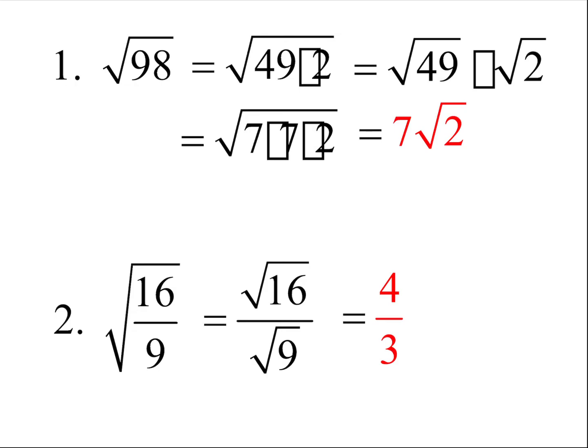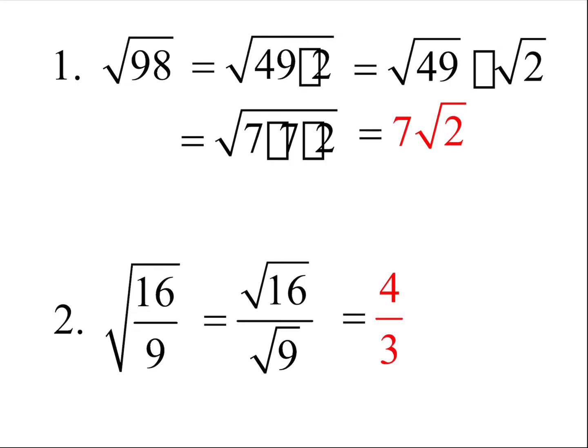Square root of 49 is 7, so 7 rad 2. Or instead of 49 times 2, I could have broken it up into all of its prime factors. This is the square root of 7 times 7 times 2, and that's got a perfect square in here. I can pull those 7s out, and I've got 7 rad 2.